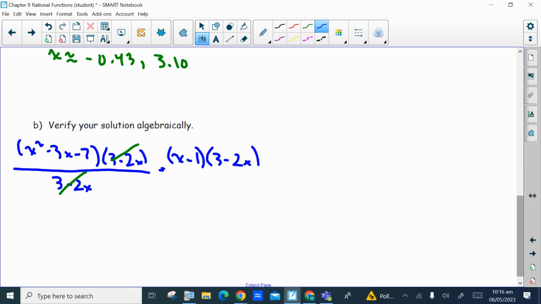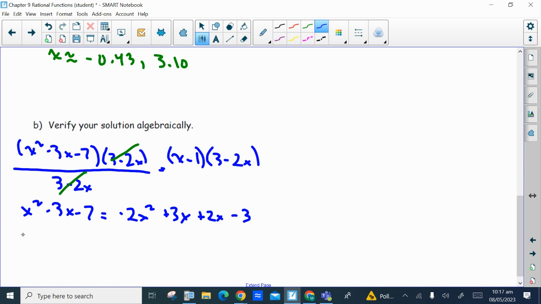Now we're going to solve the equation that we have left, which is going to be a quadratic that we're going to make equal to 0. But first we're going to have to multiply out that right side and then collect all the terms. So it'll be minus 2x squared and positive 3x and positive 2x and minus 3.